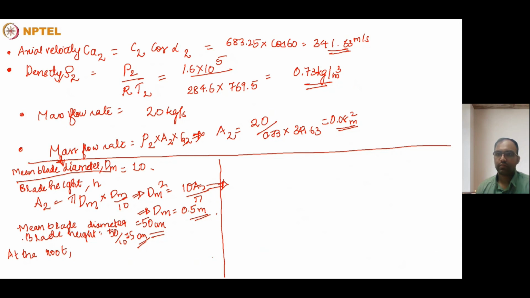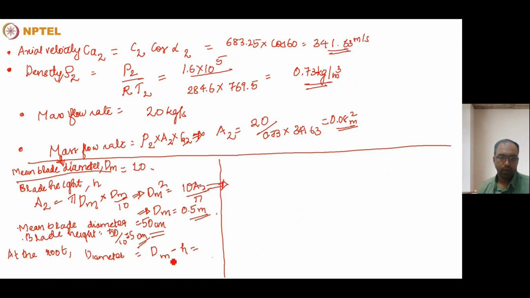Diameter of the root is mean diameter minus height.